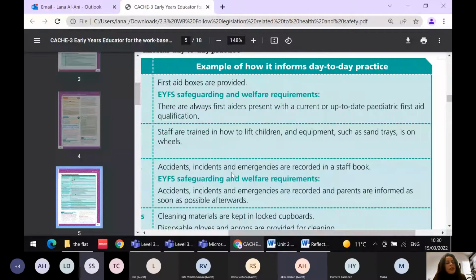It did affect our day-to-day as staff are trained on how to lift children, equipment, any sandwich tray or any heavy equipment, any wheels. We should always make sure that we know how to do this following the right procedure.